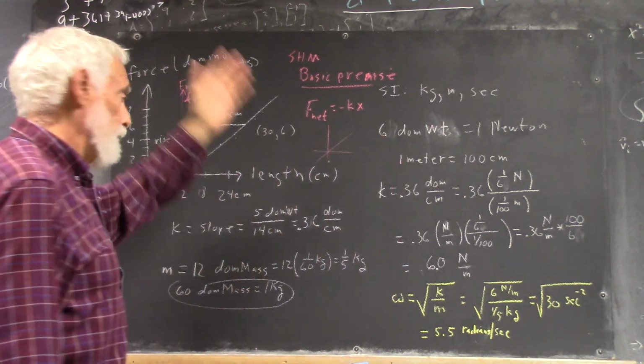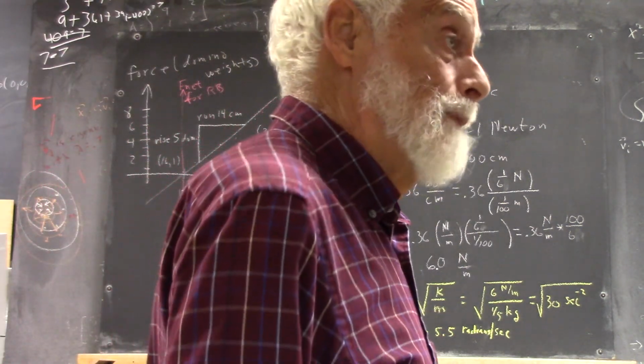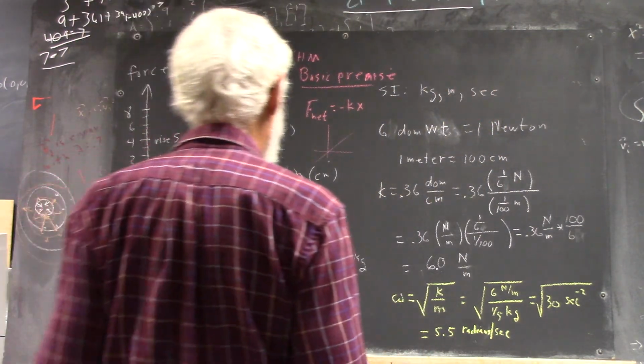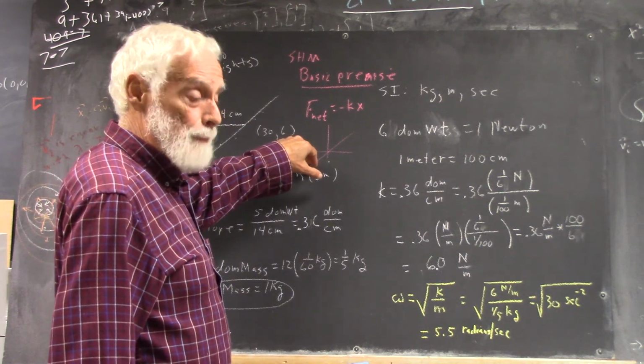I'm just drawing a little schematic, that's what the graph of F net versus x looks like. It's got a slope equal to k. Just a simple straight line, a direct proportionality. Make sense?